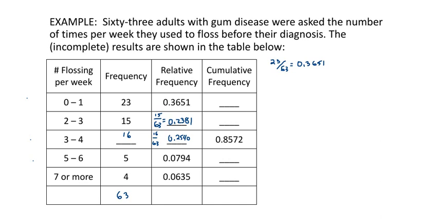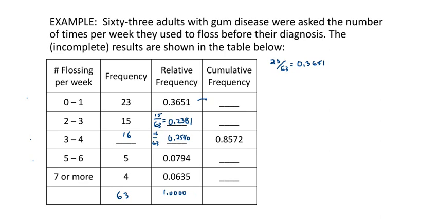Now, if we were to add up all of these relative frequency decimals, we would get 1.0000. And that's going to lead us to what we talk about with a cumulative frequency. In the cumulative frequency, we're going to take the relative frequency starting with the first one.